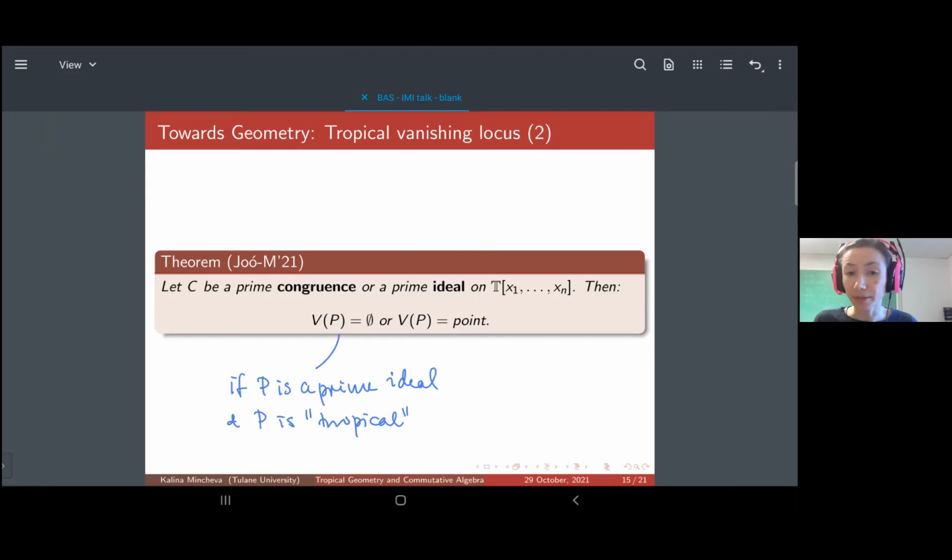So it's not just any prime ideal, it's a little special. Then this is really saying this is a sort of a Nullstellensatz statement. Then P is the whole thing. So there's a weak Nullstellensatz statement for tropical ideals.